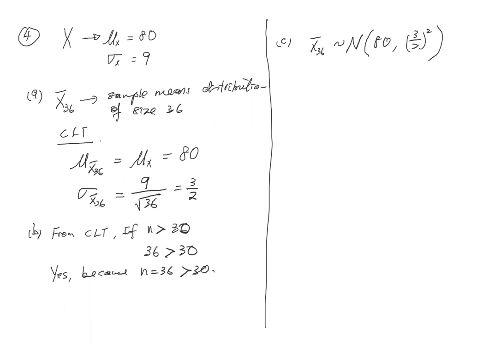If I want to find the probability that the sample mean of size 36 lies between 75 and 81, can I do it? I definitely can, because it is normally distributed.